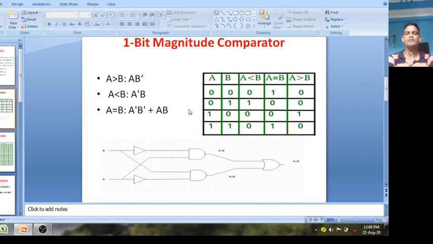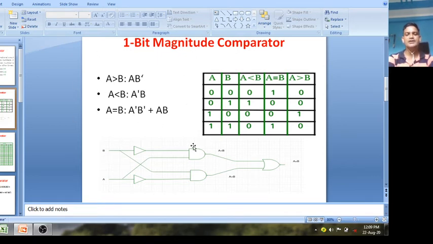This is the expression of a XNOR b. In the other cases there is only one minterm. 0 1 means a less than b, which is a dash b. And in this case a greater than b is 1 0, so a b dash. So the expressions are: a greater than b equals a b dash, a less than b equals a dash b, and a equal to b equals a dash b dash plus a b.